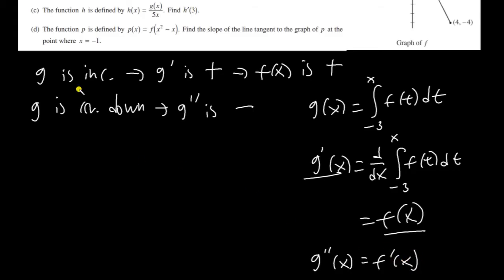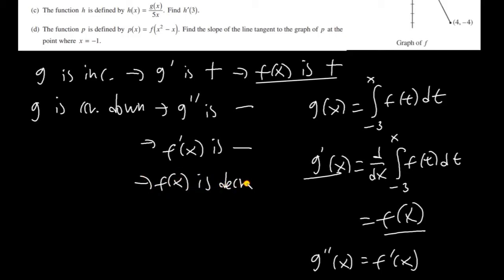So if g double prime of x is negative, then f prime of x must be negative. So we know that if g is increasing and concave down, f must be positive and decreasing, because if f prime of x is negative, that means f of x is decreasing. So f of x is decreasing and positive.